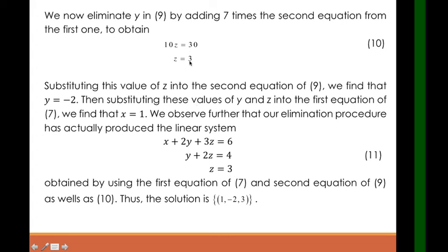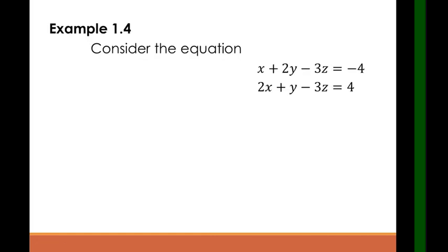Obtained by using the first equation of 7 and the second equation of 9 as well as number 10, thus the solution set is 1, negative 2, at saka 3. So, x is equal to 1, y is equal to negative 2, and z is equal to positive 3. So, this is our solution set. Okay? Now, let's have this one.